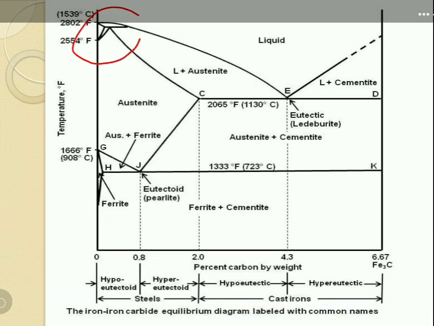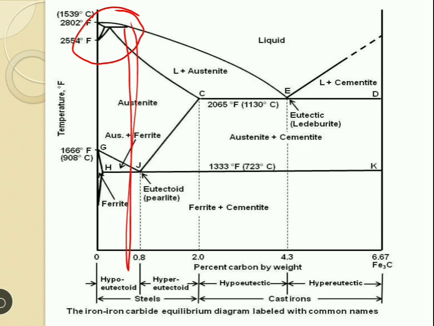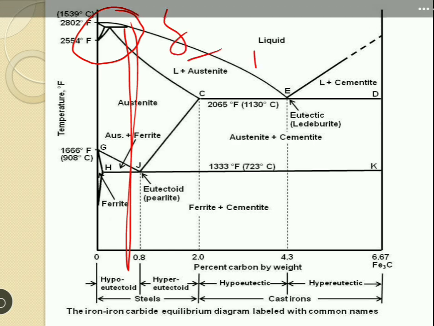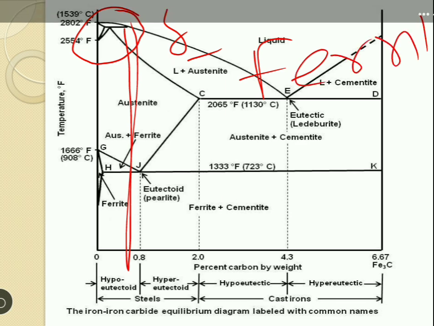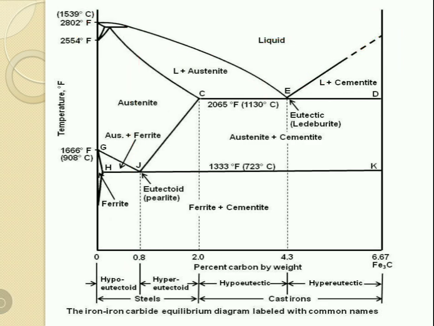Now from the diagram we can see here it is called delta ferrite, where the iron is in the delta form and the crystal structure is BCC, and the carbon percentage is minimum here. So it is called delta iron, the delta ferrite region, where ferrite indicates that the carbon percentage is very low. Now on further cooling, it will convert into the austenite phase, that is gamma iron, where the crystal structure is FCC.